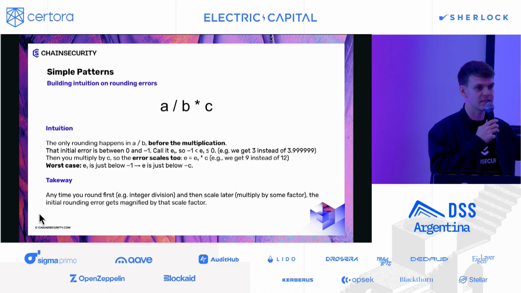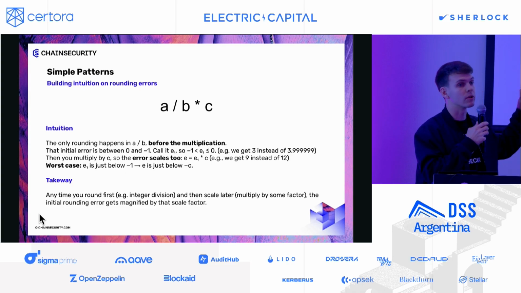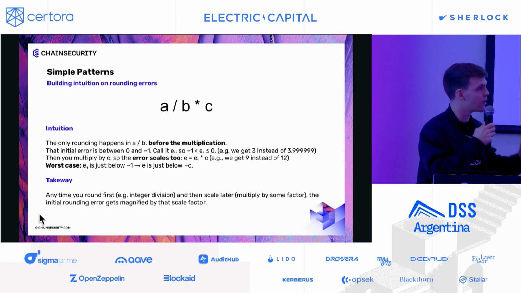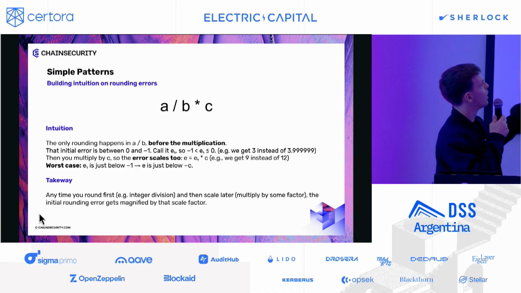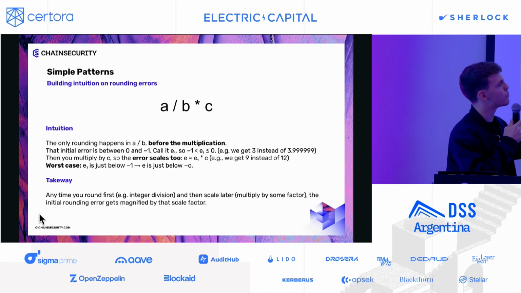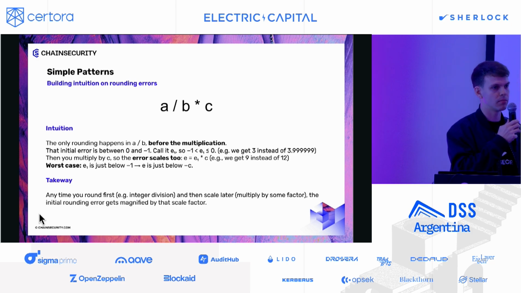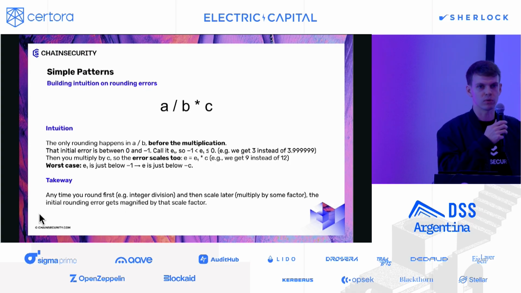Then we multiply by C, and this error also gets multiplied, so we can be at most C away from the real value, the value that we expect. For example, if we were supposed to get 3.99999 something, and C is 4, we expect to get something like 12, but instead we will get just 9. So then we get a bit further away.